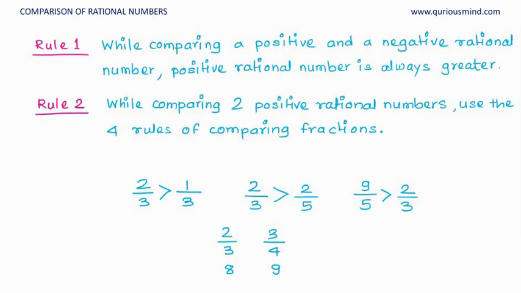Which is greater, 8 or 9? 9 is greater. And hence, in this case, fraction 3 upon 4 would be greater. So these were the 4 fraction comparison rules we used. We will use these rules to compare the rational numbers in case both the numbers are positive rational numbers.